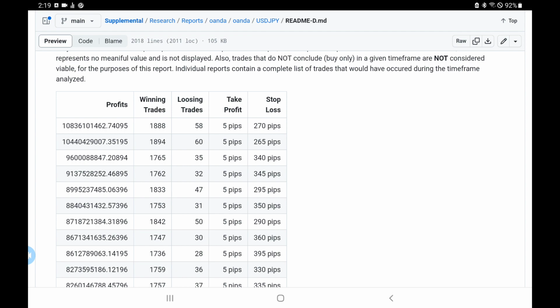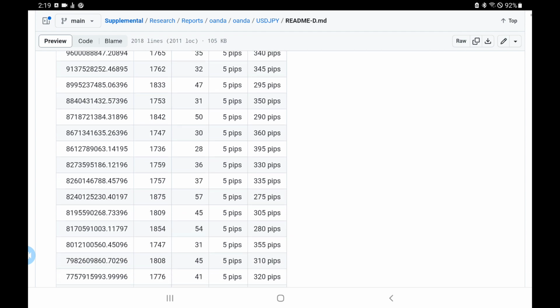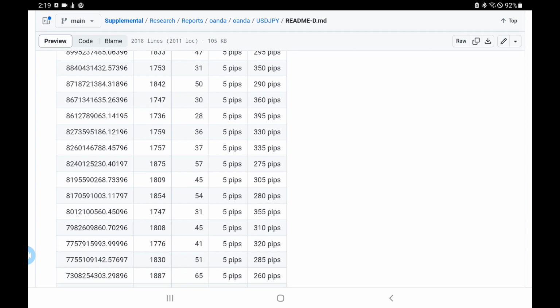And you can even see how over various numbers, if you want to survive long term on a daily chart, the stop loss must be big enough that your trade can breathe. Your trade can fluctuate within the market and not lose too much money too quickly. This isn't a matter of simply avoiding losses.